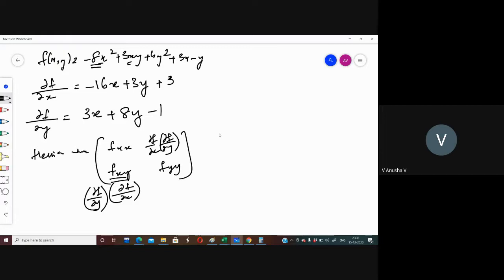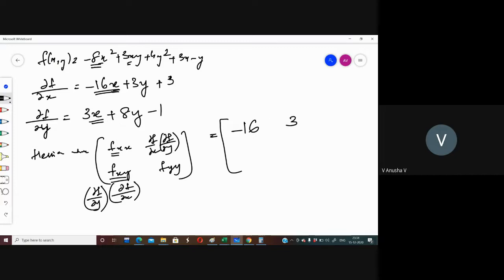Okay, let's write this. I am differentiating this with respect to x again. So I'll be getting minus 16, and now I have this y, I am differentiating with respect to x again. So I am having 3 here.